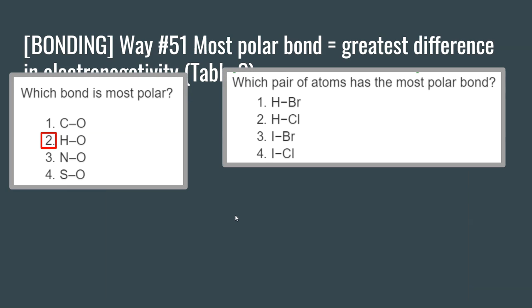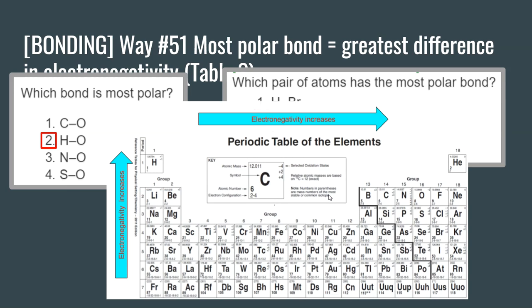Which pair of atoms has the most polar bond? To assess the polarity of a bond, all we have to do is calculate the electronegativity difference, and when you do, you'll find that the greatest difference will result in answer choice 2, HCl. Alternatively, note that Cl is here and H is all the way over here.